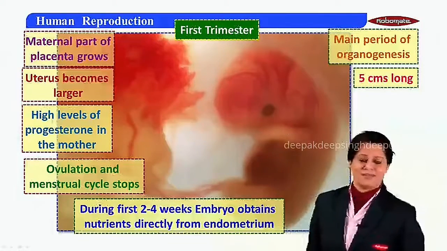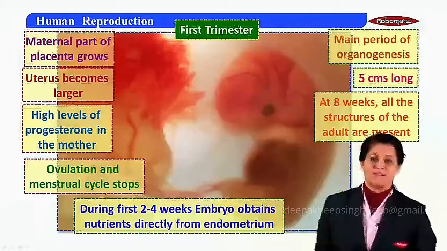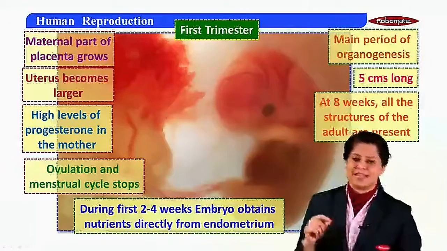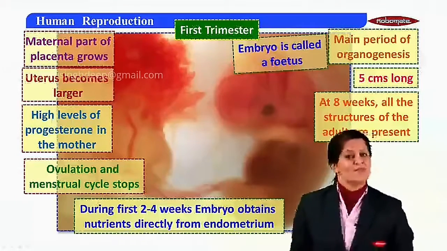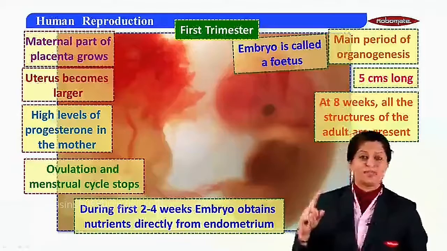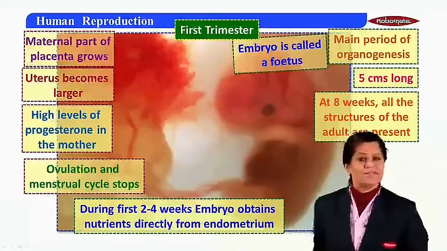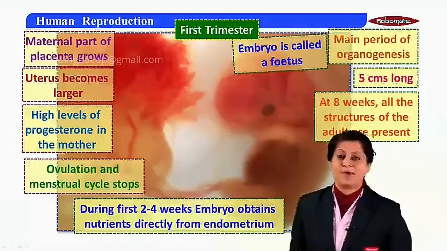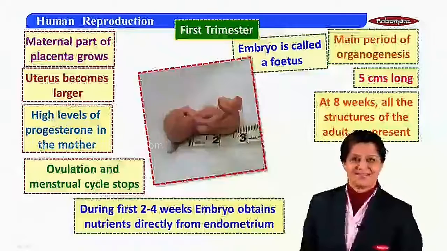At 8 weeks, all the structures of an adult are present in the embryo now. So that's the reason we start calling an embryo a fetus. So at 8 weeks, we can call it a fetus now. And how long did we say is the embryo? It's 5 centimeter long. This much.